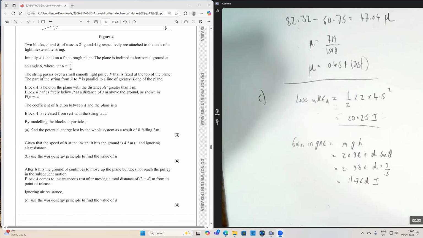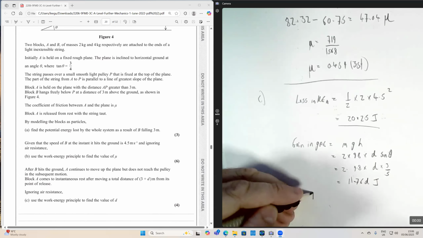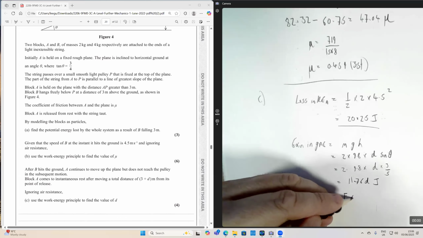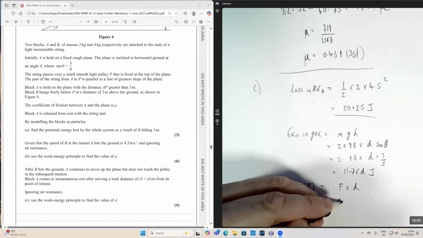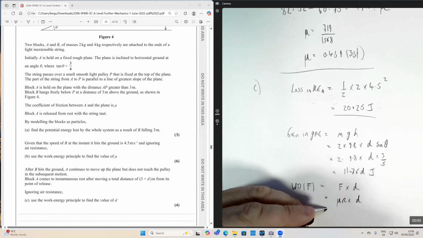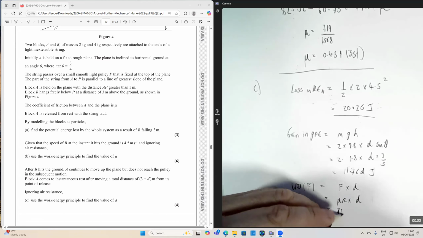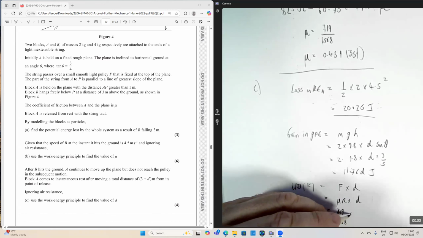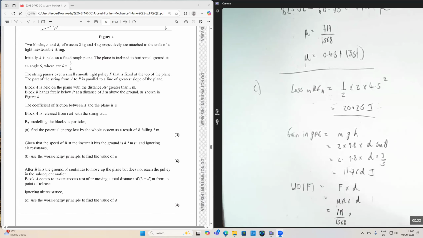Okay, let's work out our work done against friction. Work done against friction is going to equal the friction force times the distance traveled. The frictional force is mu R, the distance traveled is d. We do now know that mu is 719 over 1568 from before.